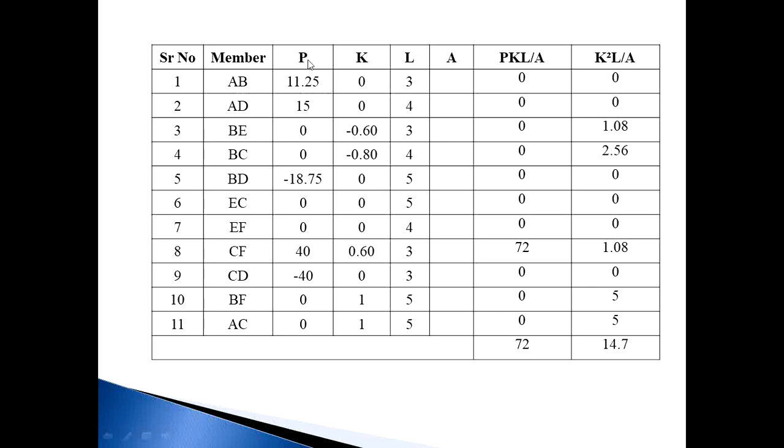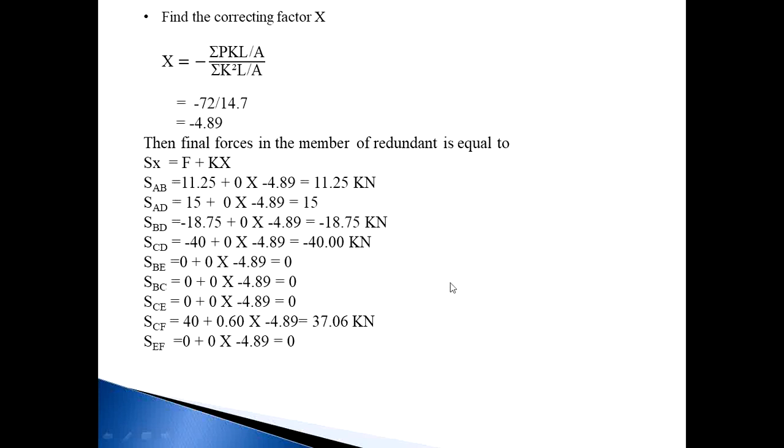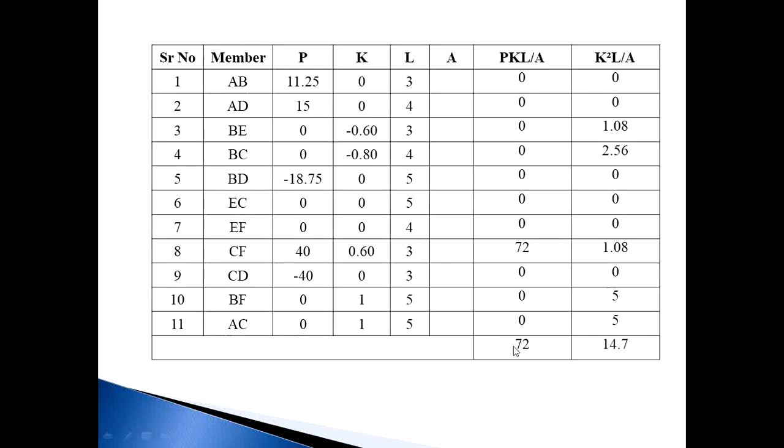Put all corresponding force values, that is P values, then K values and the corresponding length for that particular member. Then calculate PKL upon area. Then next K square L upon A. So by calculating this, the summation of PKL is 72 and the summation of K square L upon A is 14.7.